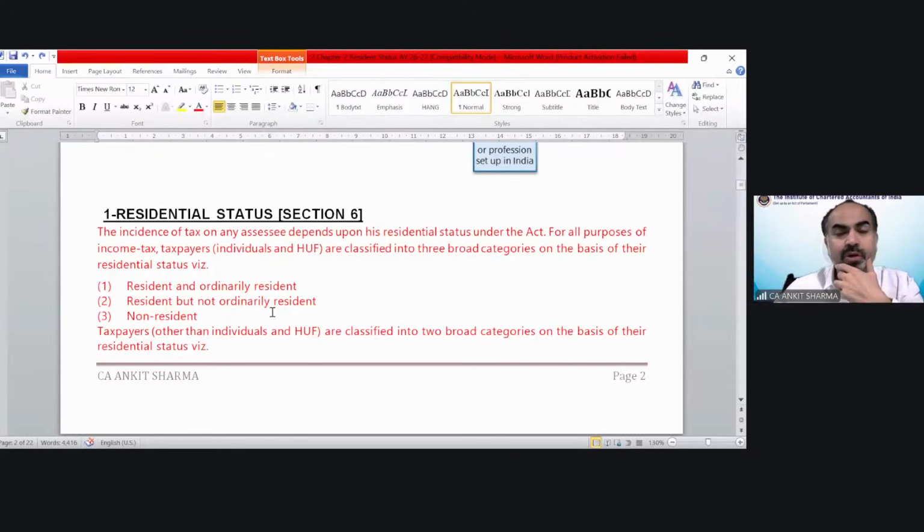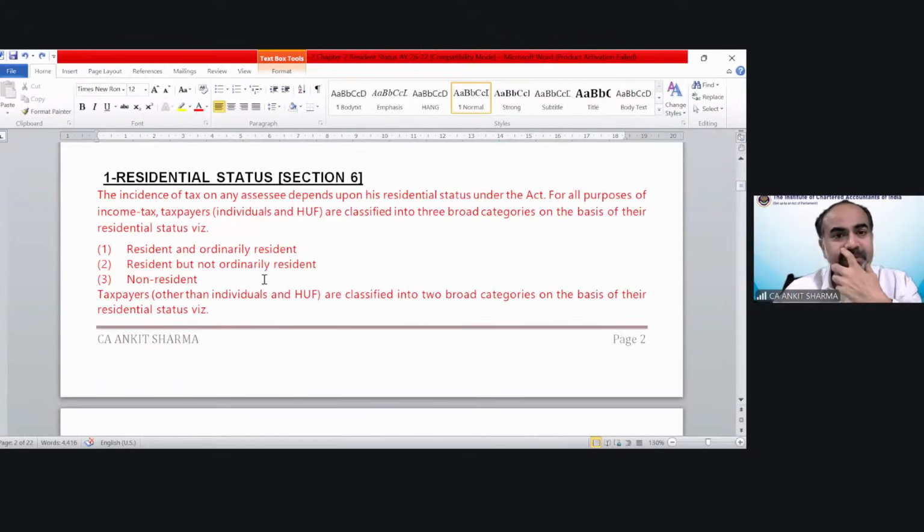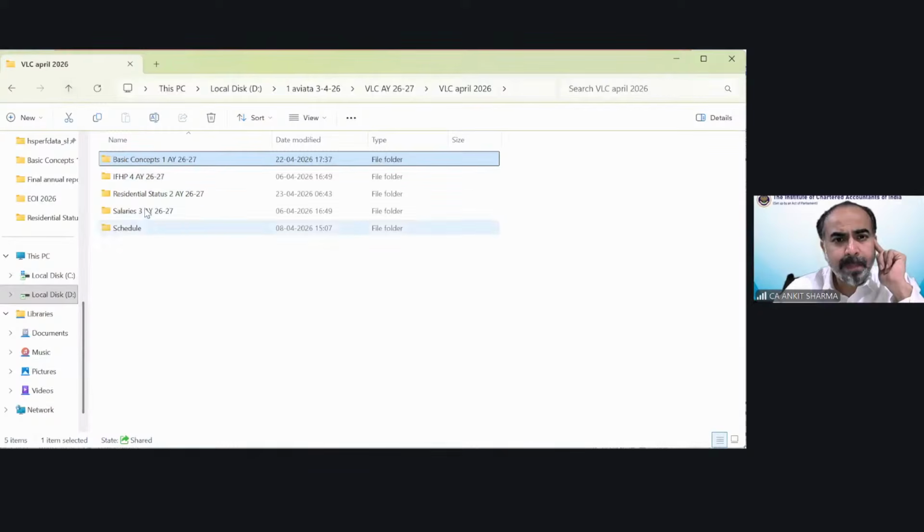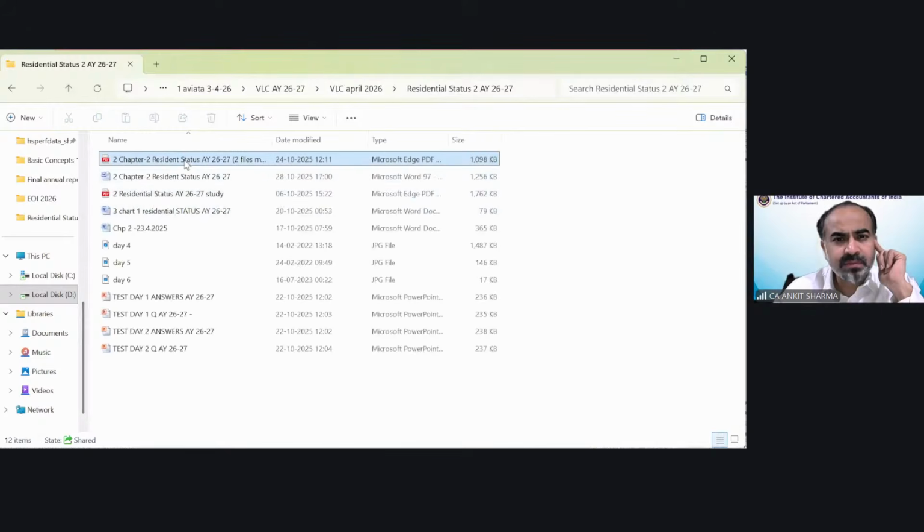Okay. So now you can see the residential status, section 6, the incidence. The incidence of tax on any assessee depends upon his residential status under the Act for all purposes of income tax. Just a second, let me share the PDF file, so that would be easy.